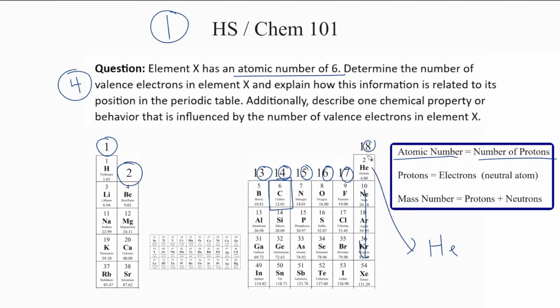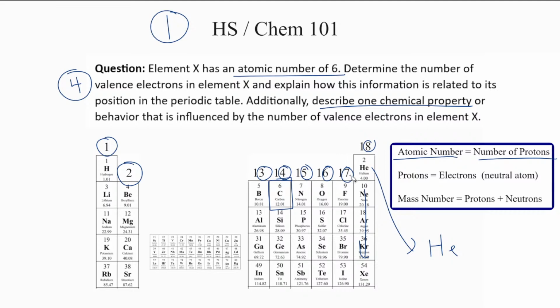It only has 2 electrons, so it can't have an octet. It can't have 8. All right, they want to know one chemical property. It's a little bit challenging. How do valence electrons cause something to have a certain chemical property? Well, remember, they're the ones on the outside. They form the chemical bonds. If you have 8, that's really stable, and you just won't react.